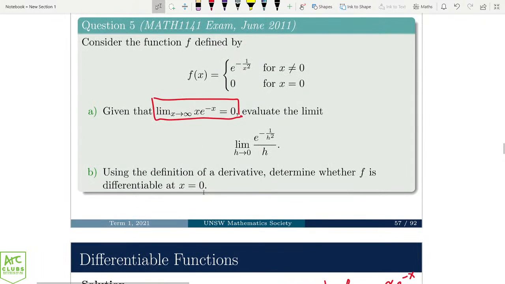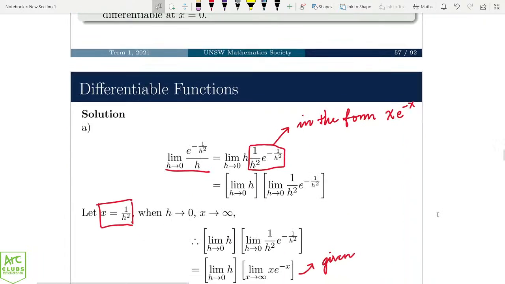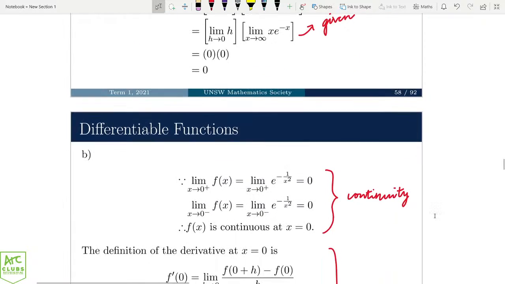Moving on to part B, we have, using the definition of a derivative, determine whether f is differentiable at x equal to 0. This is a very typical question where they ask you to determine the differentiability of a function at a particular point. So what we do with this kind of question is take it into two steps.